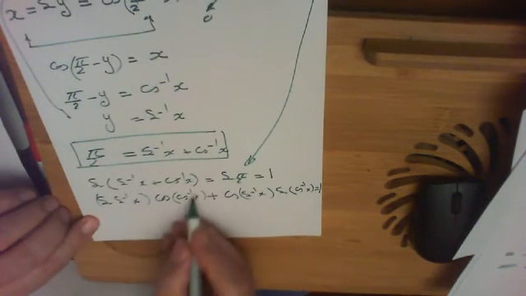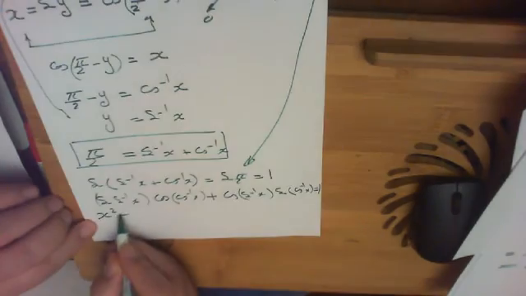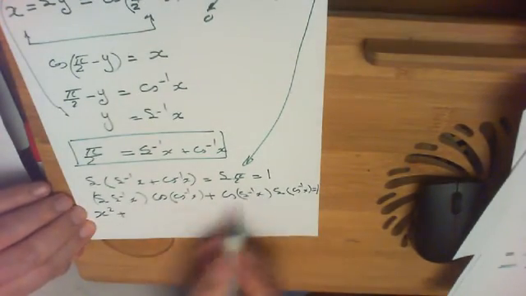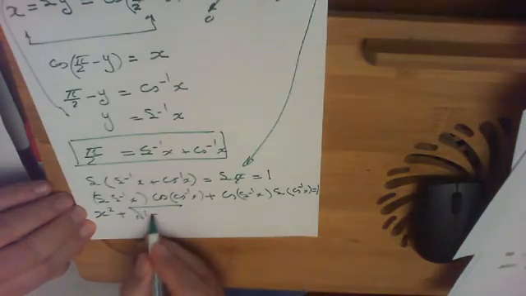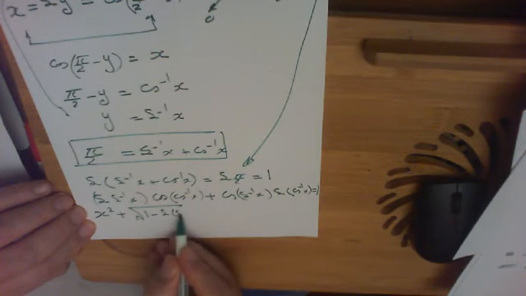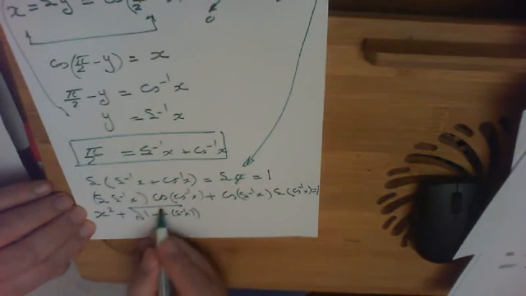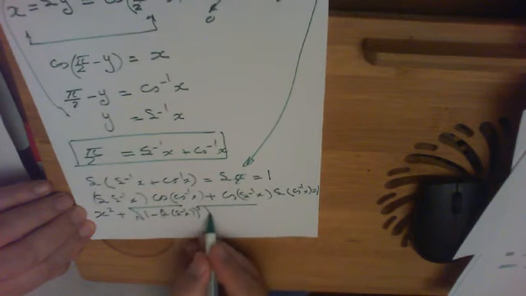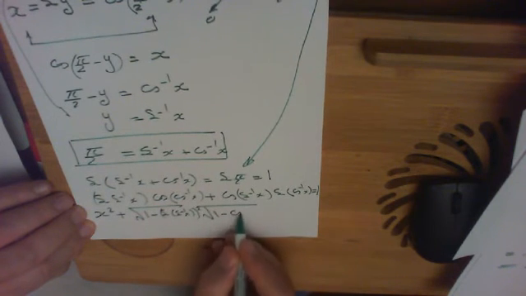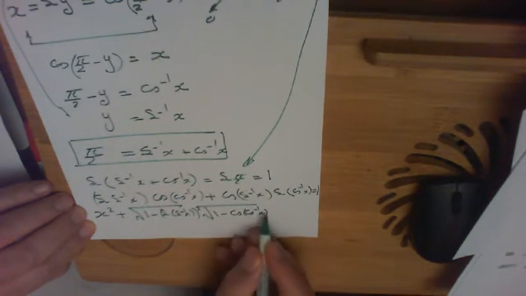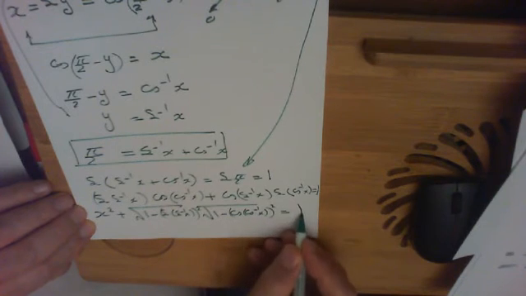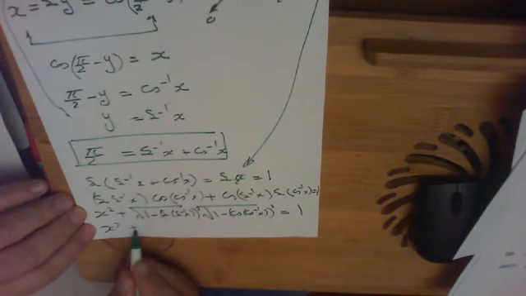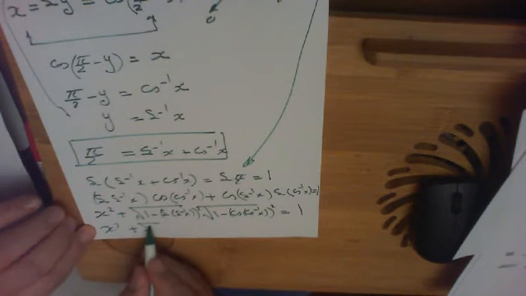This results in x, so we have x squared. The second part, cosine of sine minus 1 x is the square root of 1 minus x squared, times the cosine minus 1 x part's sine, which is also root 1 minus x squared.